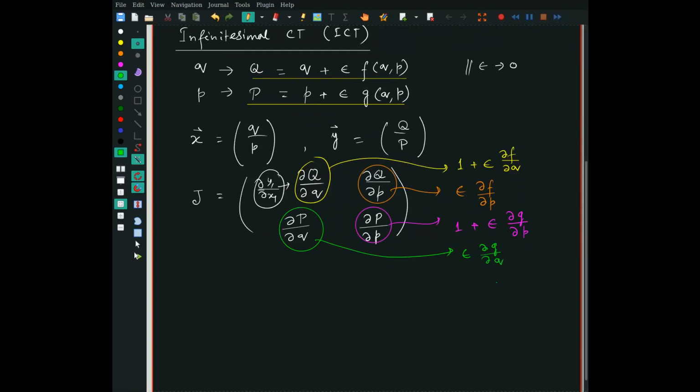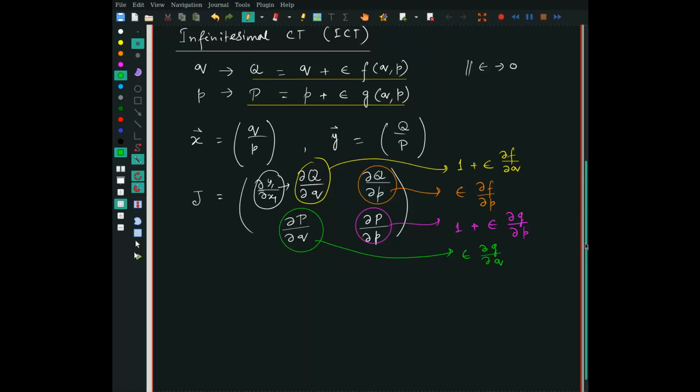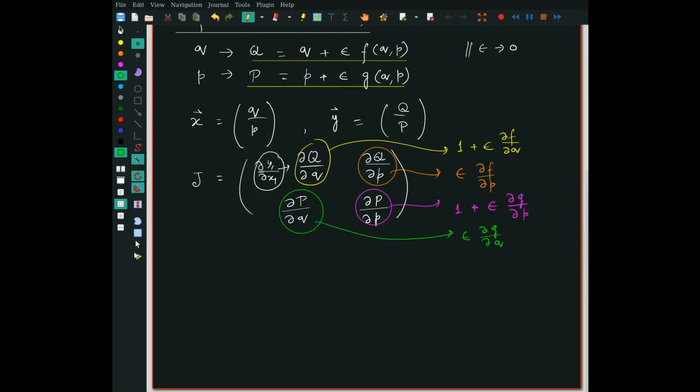For this transformation to be canonical, what I need to check is that J gamma J transpose equals gamma.